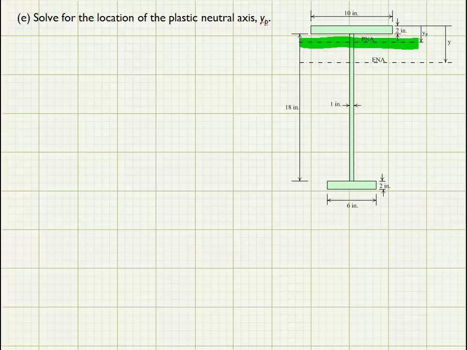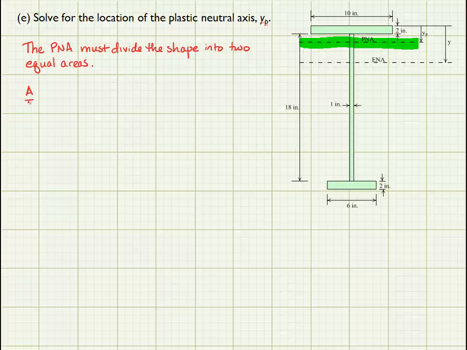So our requirement for locating the plastic neutral axis is that we have to find the location of a plane through the cross-section that divides the shape into two equal areas. So our requirement is that the plastic neutral axis must divide the shape, meaning the cross-section, into two equal areas.